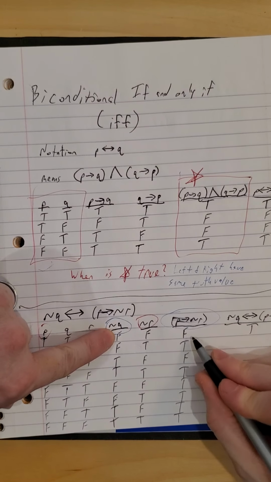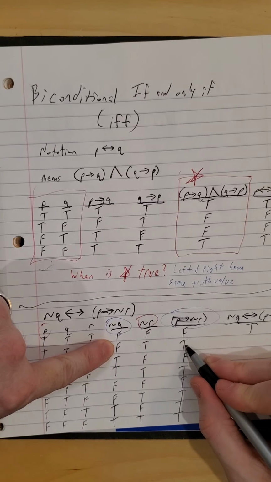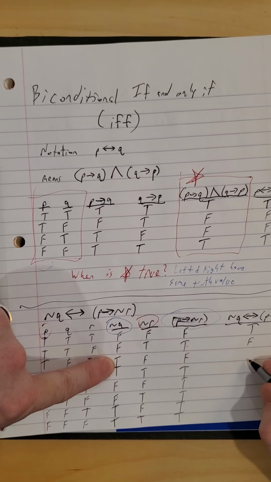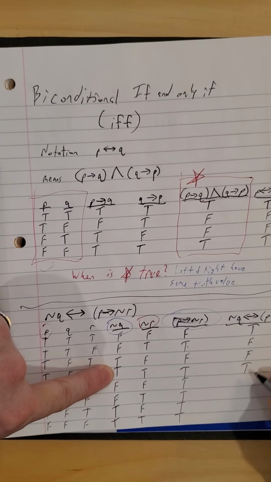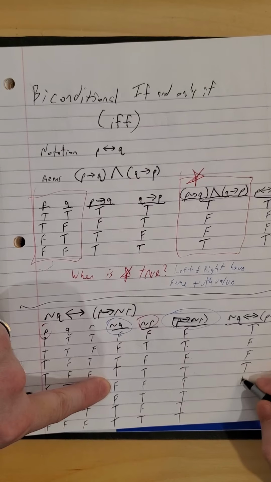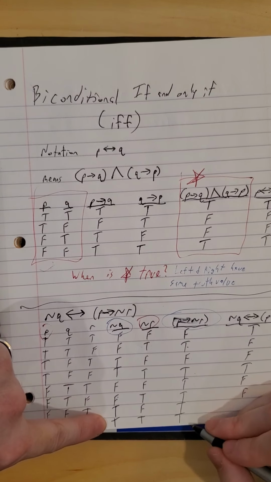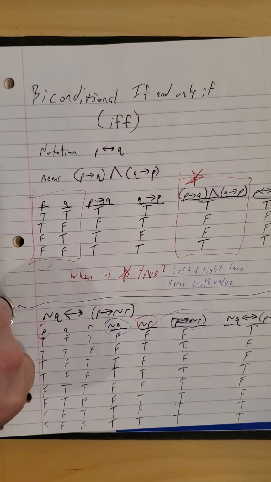So row 1 is true. They were both false, so the biconditional is true. Opposite truth values, result is false. Row 3, also false. Matching truth values, we're good to go. Don't match, result is false. Don't match, result is false. And the last two rows then are true.